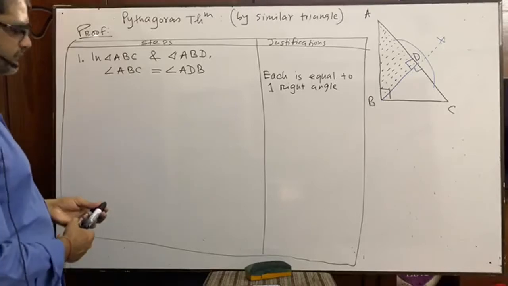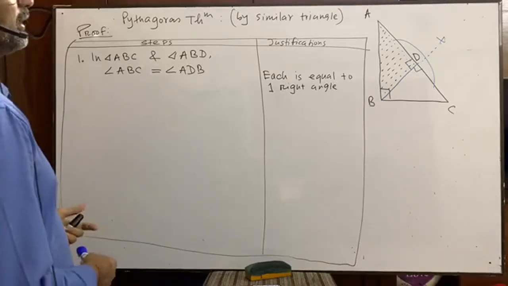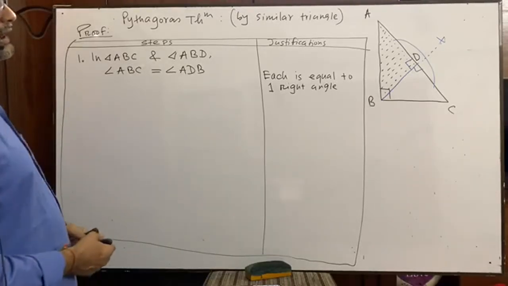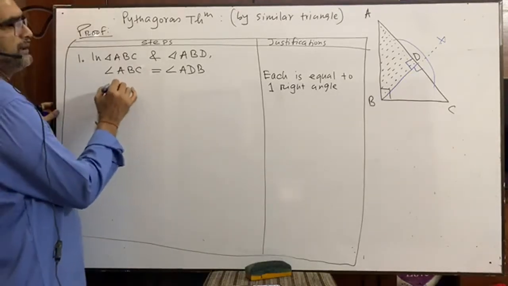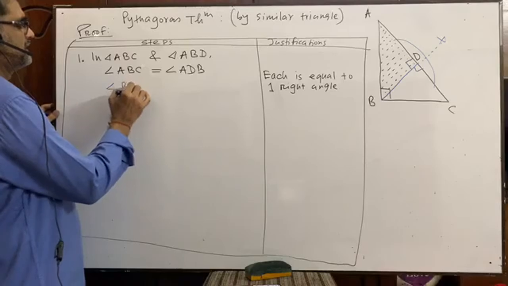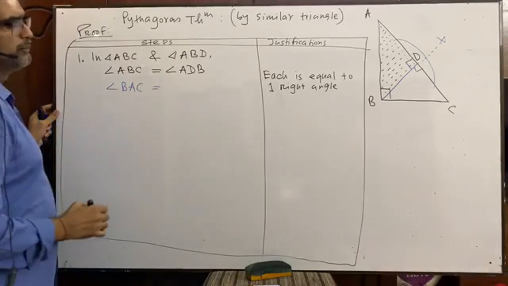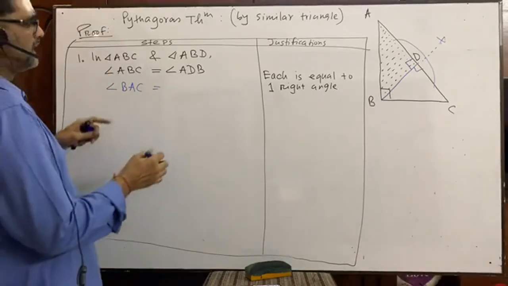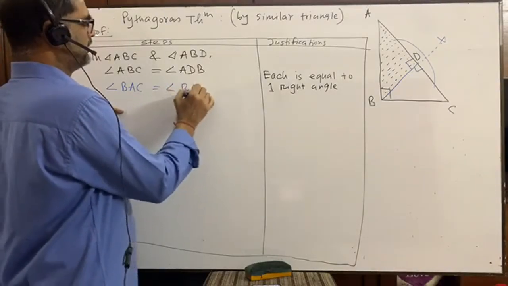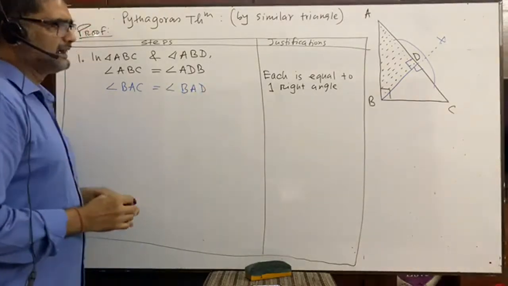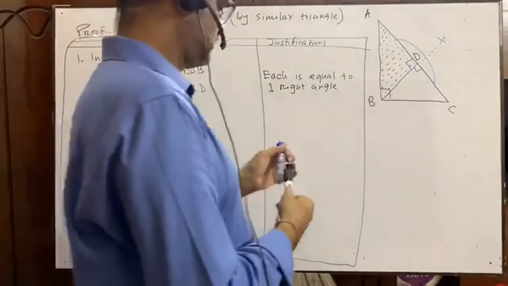That's good. Now you see in triangle ABC, if I take this angle BAC, then for triangle ABD, if I write angle BAD, can you please see these two angles?